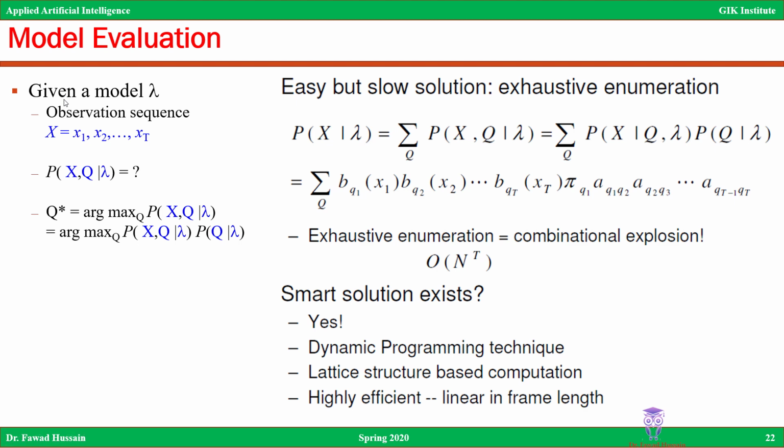So I can even write it over here: this lambda is a collection of A, B and pi. This is my model. Given this, and a set of maybe red, blue and green balls, I am being asked what's the probability of x given q and lambda.